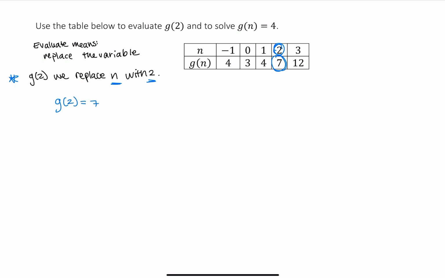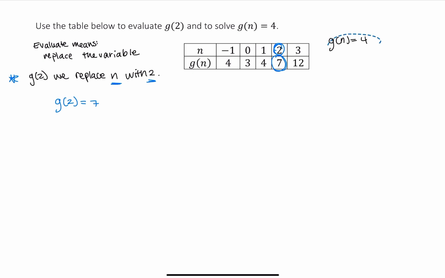Now let's go ahead and do g of n equals 4. So recall that when we see solve, we want to replace all of g of n with the value.